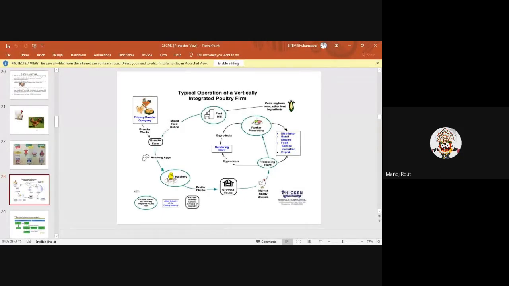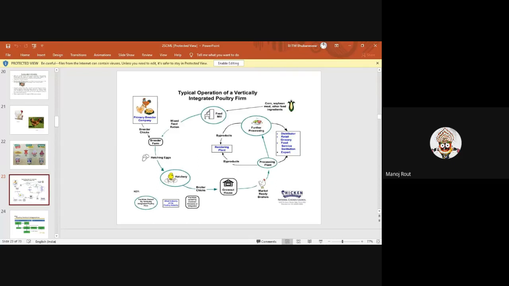Then next, broiler chicks directly go to the grow-out house, and from the grow-out house they are ready for the market, and the market is reached through different outlets, known as the processing plant, and from the processing plant to further processing, and byproducts directly go to the rendering plant.